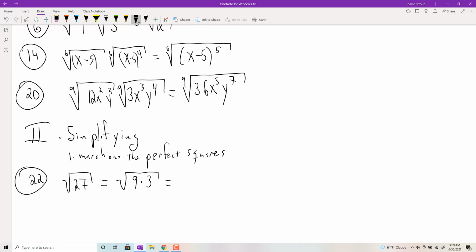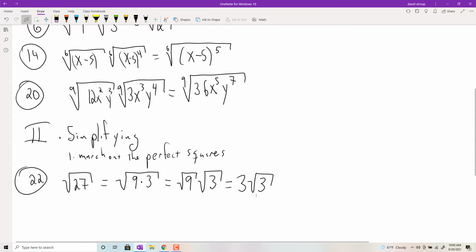Using the multiplication rule in reverse, what we're actually doing is splitting this into two square roots. Then taking the square root of 9 gives you 3, and then the square root of 3. So not always, but sometimes you'll have some leftovers.